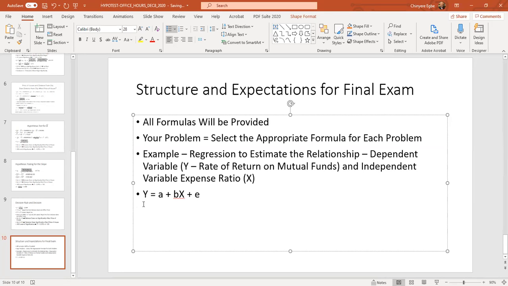So in a sense, we're saying to ourselves, is there a relationship between the rate of return on the mutual fund and the expense ratio? Now, you know what mutual funds and the expense ratio are. A mutual fund is where a large number of people put money together and invest in specific assets. For example, they can invest in equity stocks, they can invest in bonds. Because there is a large number of people, there's something called a fund manager, and the fund manager manages all that money.